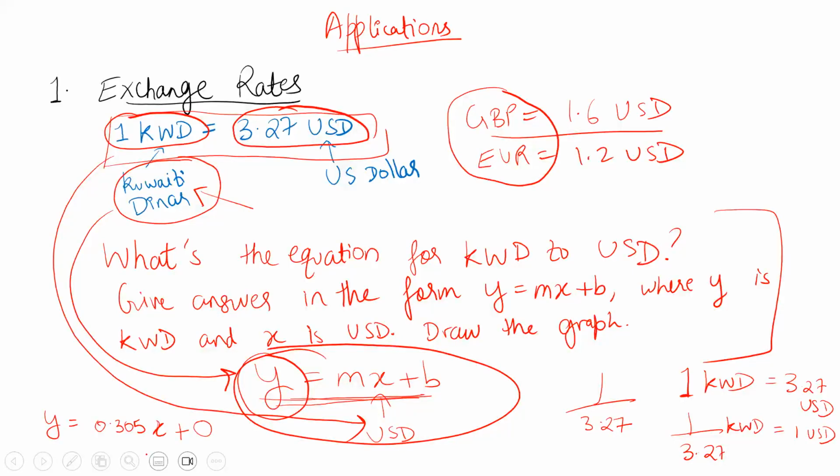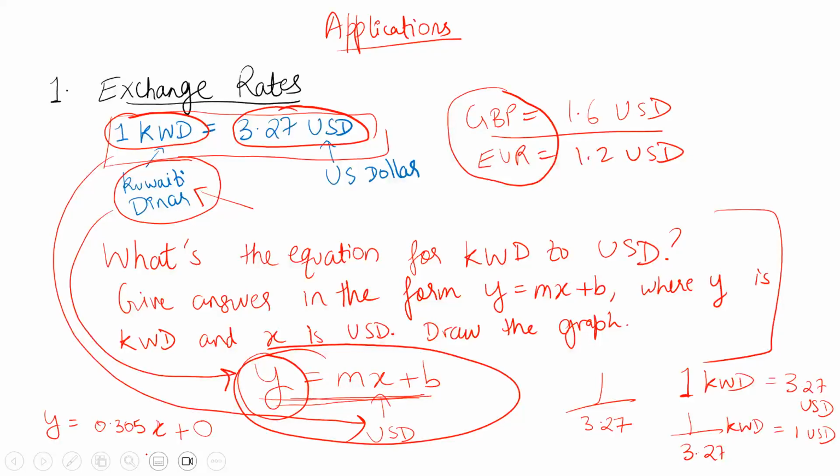In these cases it's very helpful to think about examples, right? What does b represent? B represents, okay, when x equals 0, what should y be? So if I give you $0, then you should not give me any Kuwaiti dinar either. I'm not giving you any money, so why should you give me anything in return?